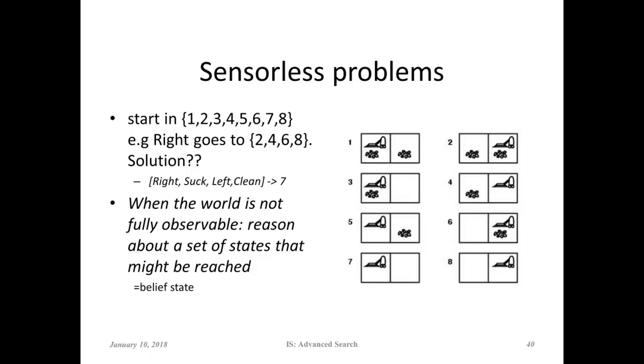And here's the example. We have a Hoover, and the Hoover does the same things as it did before. It can go right, it can clean, it can go left. Clean and suck is the same thing, so I changed one word and I didn't change the other one.